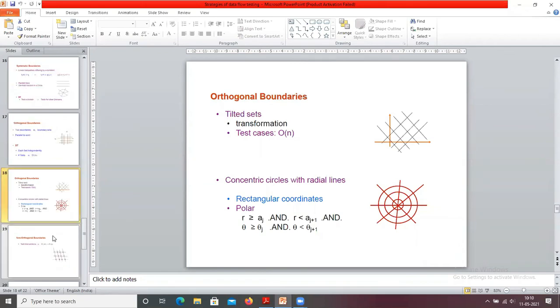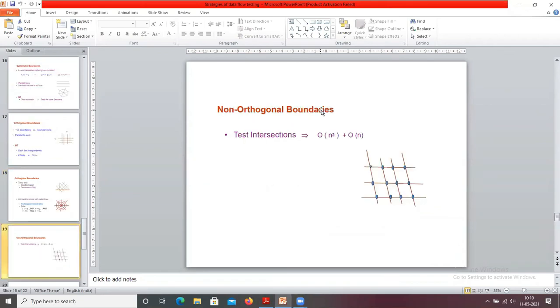So next one, non-orthogonal boundaries. Test intersections: big O of n square plus big O of n. Here, linear non-orthogonal domain boundaries.